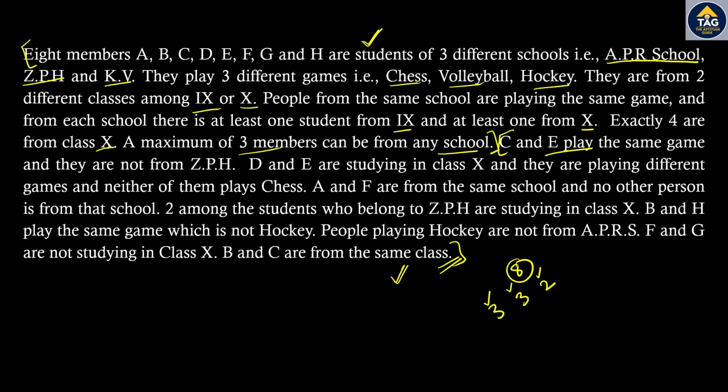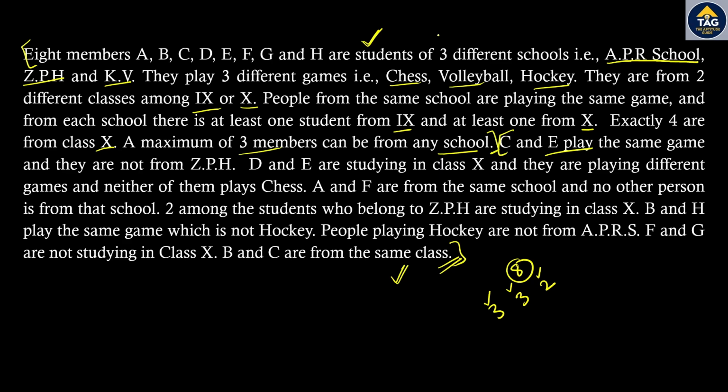People who belong to the same school play the same game. If the school is the same, the game should also be the same. And among the given 8, exactly 4 belong to class 10, and the remaining 4 should obviously be from class 9th.